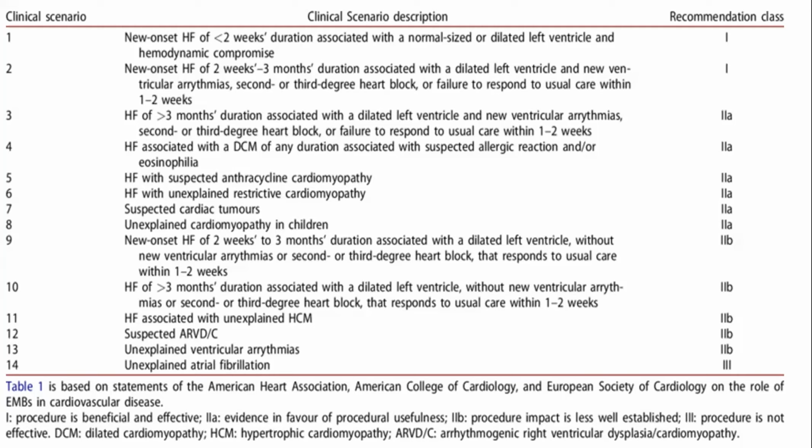Also, it is indicated in people that have heart failure associated with DCM of any duration with allergic reaction or presence of eosinophilia, or people that have heart failure with suspected anthracycline cardiomyopathy or unexplained restrictive cardiomyopathy. Also, for people that have suspected cardiac tumors, we want to do a biopsy to know the exact type of cardiac tumor that the patient has. And in children that have unexplained cardiomyopathy. These are the class 2A indications.